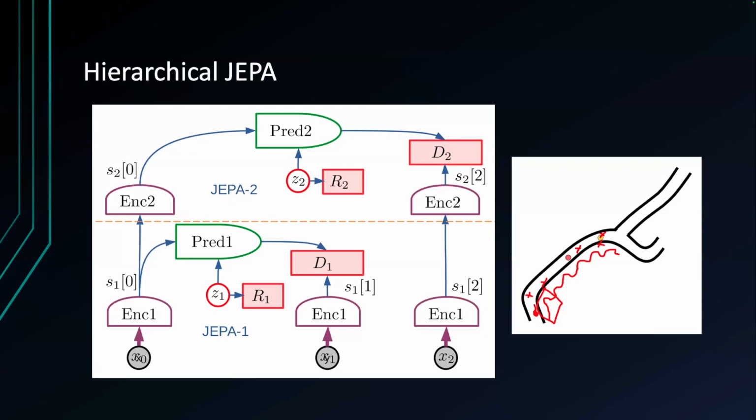So if you have an X encoder and a Y encoder, and you're just doing it on the first few initial layers, we know that it does something very granular in nature.